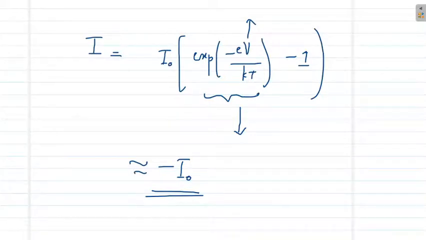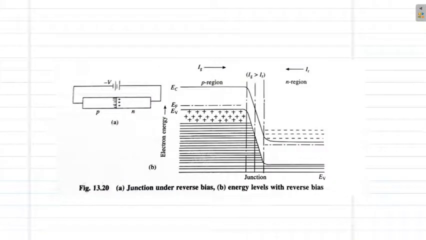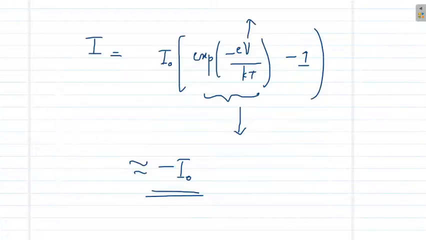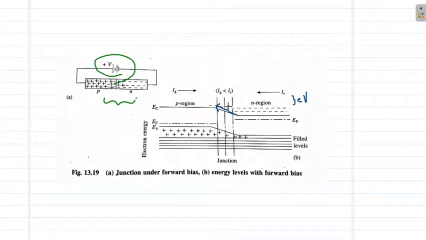Let us see the energy band diagram when we apply a reverse voltage to a semiconductor junction. Here we have applied a negative voltage to the P side and a positive voltage to the N side. So the barrier will increase by EV. Earlier, when we applied a forward voltage, the barrier decreased by EV from the earlier height ECP minus ECN.